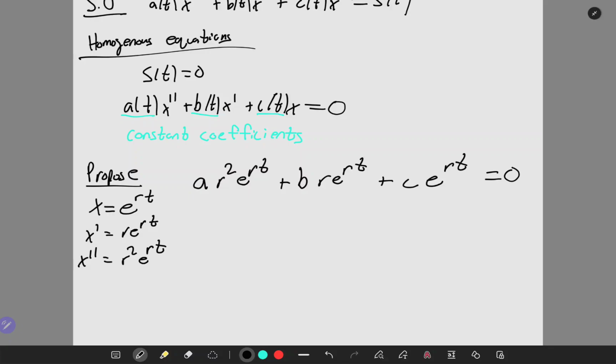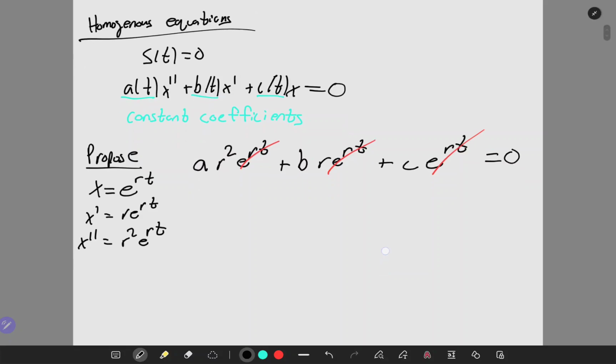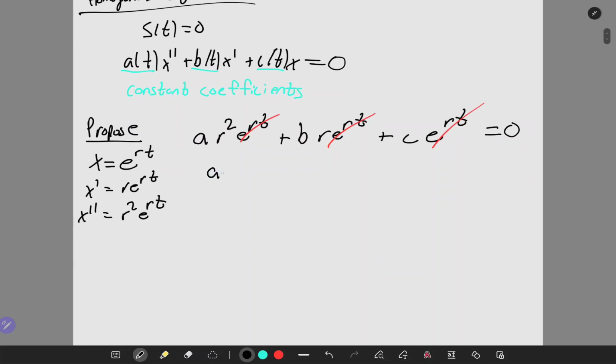Now you'll notice that we can cross out all these e to the rt's because it's in every single term. So now we're left with a r squared plus b r plus c is equal to 0.